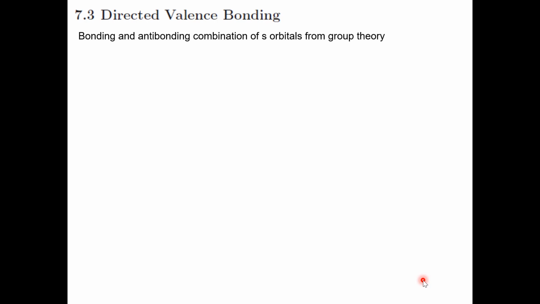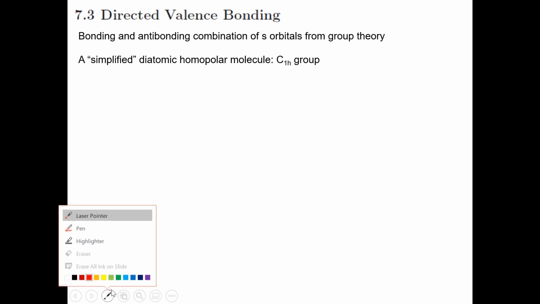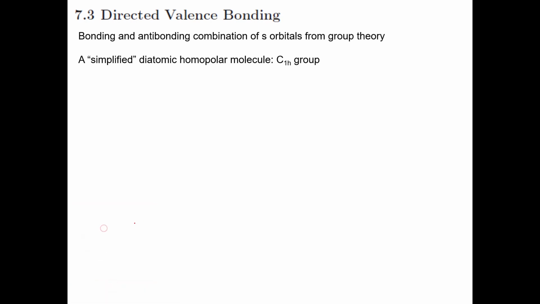I do this in section 7.3, in which I discuss the idea of bonding and anti-bonding states. Bonding states or bonding combinations are also called direct valence bonding. And let me do a simplified diatomic homopolar molecule, whose symmetries are described by the C1h group. So what do I mean by simplified?